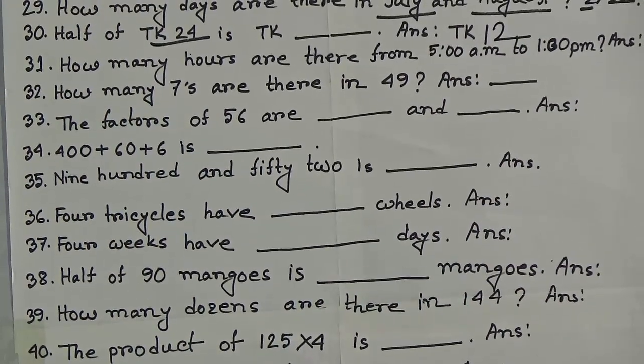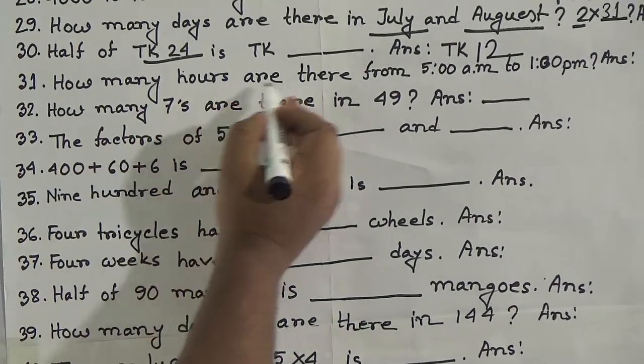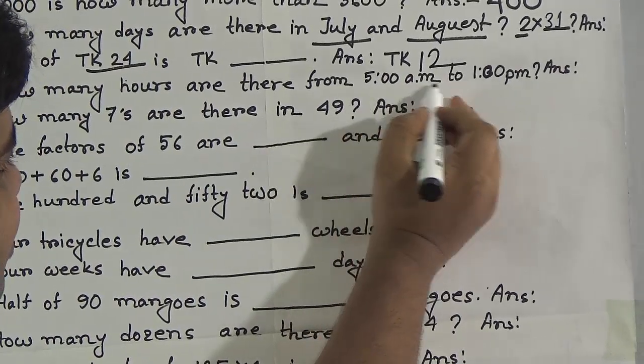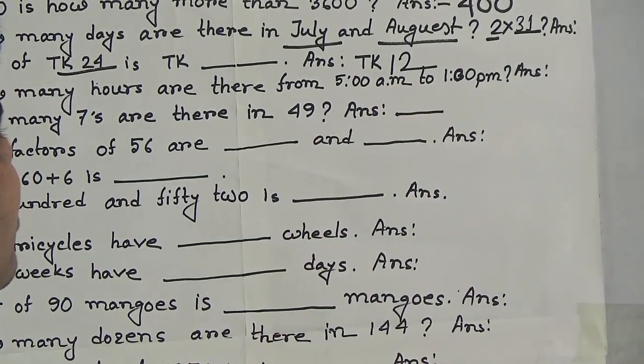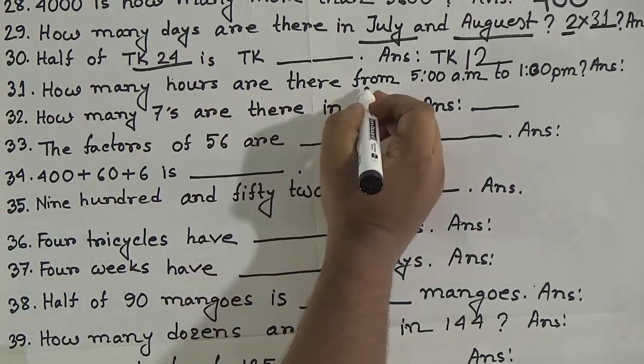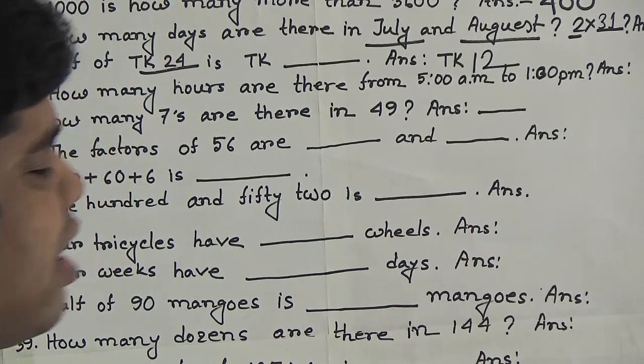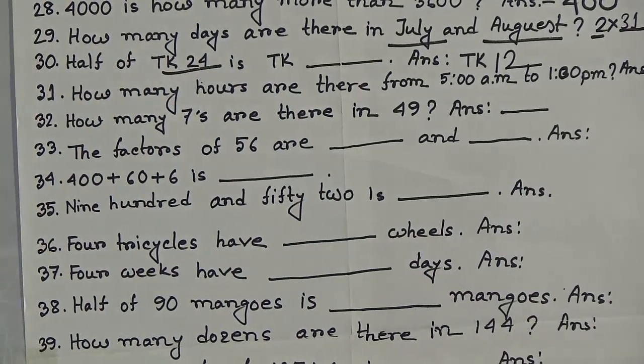Next, how many hours are there from 5 a.m. to 1 p.m.? So how can we find out the answer?